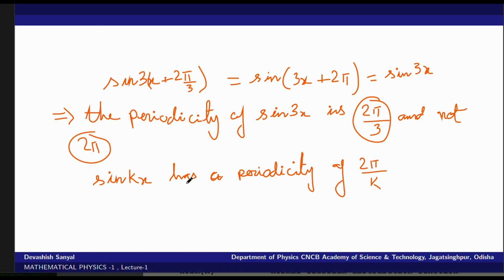You can easily check it. If you increase x to x plus 2 pi by k, then you will find a similar relation. You can work it out yourself.